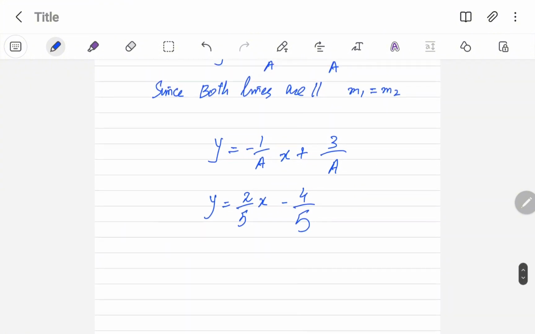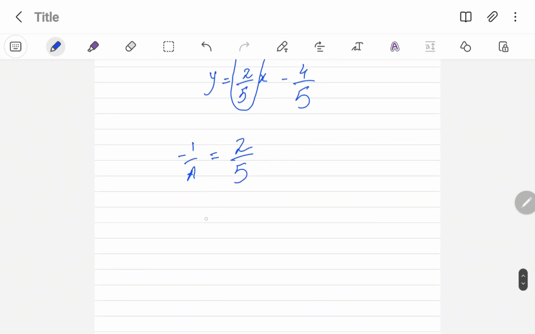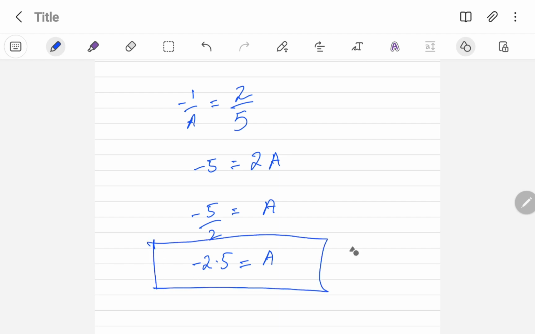Since these are parallel to each other, इनके gradients को हम compare करते हैं. Their gradients are like this one. Minus 1 over a is equal to 2 over 5. Cross multiplying, it will be minus 5 is equal to 2a. We want to find out a. It will be minus 5 over 2. We can also write minus 2.5. This is the required value of a.